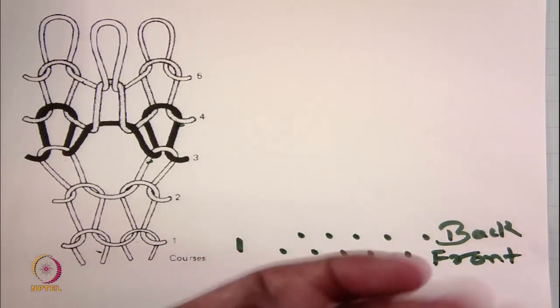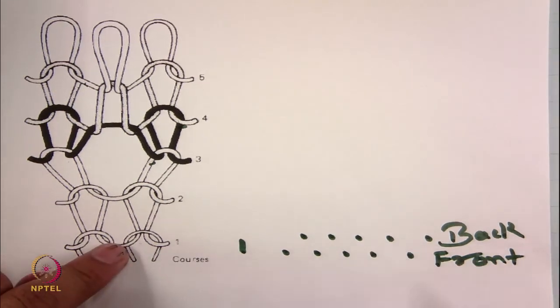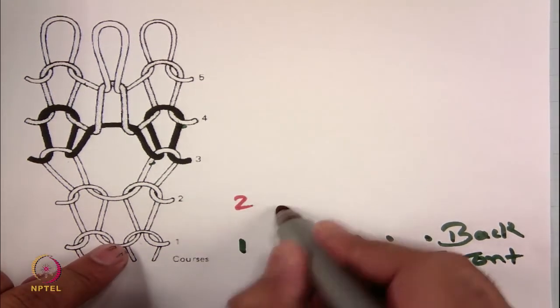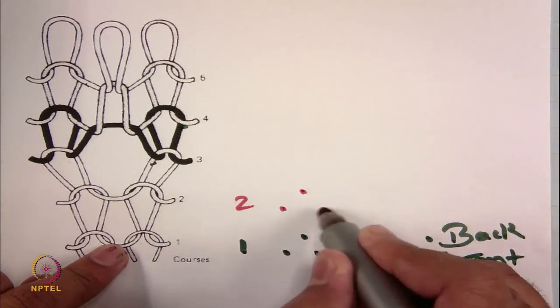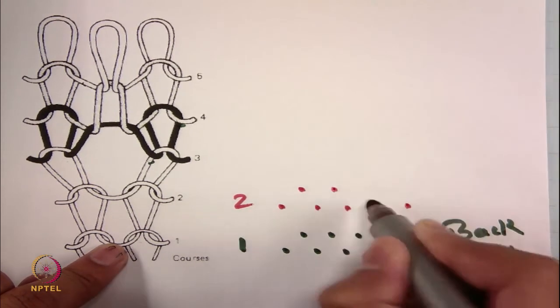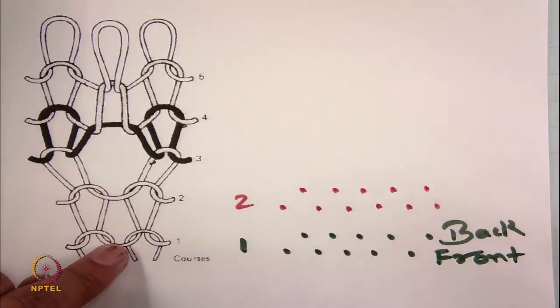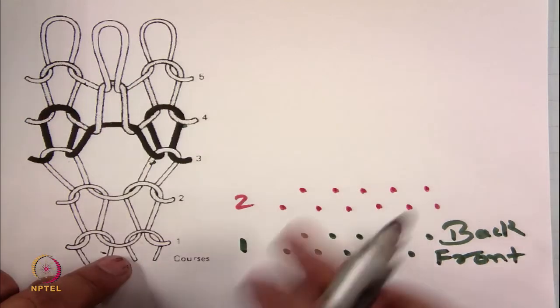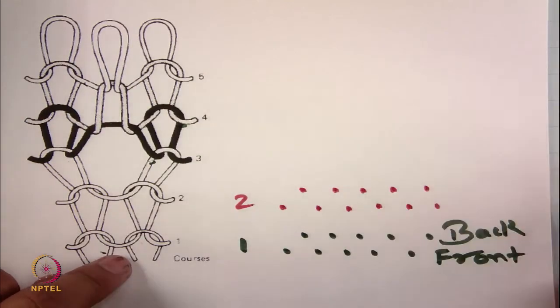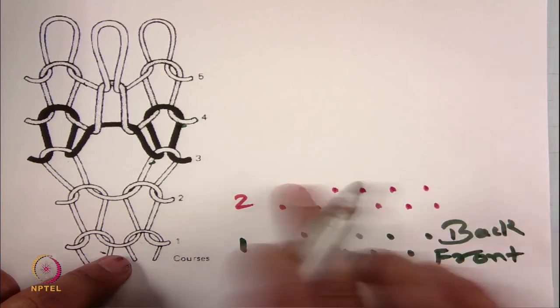So, first let us create 5 sets of front and back bed needles. We can have as many needles depending on the number of columns. Since here we have just 2 needles from the back bed, but for simplicity in representing the back and front beds, I am representing more needles towards the front bed and back bed side.